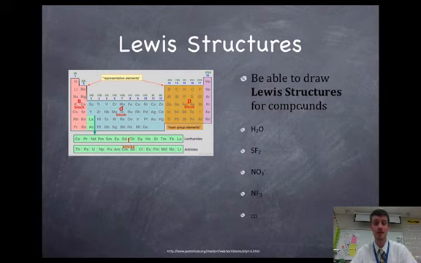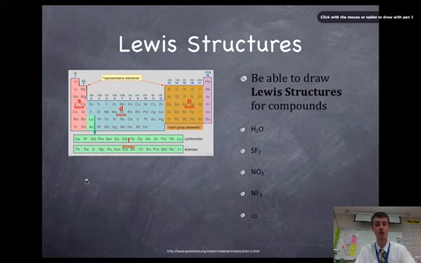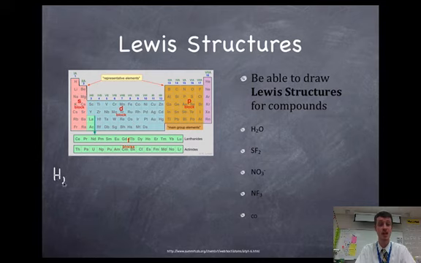If you already know this, you can fast forward through it, but I want to go through as many as possible so that you can see as many examples as possible. So for water, for any of these, the first thing you want to do is an inventory.